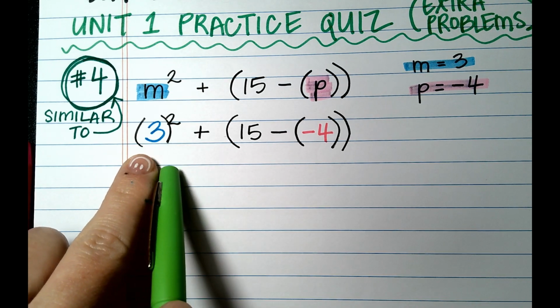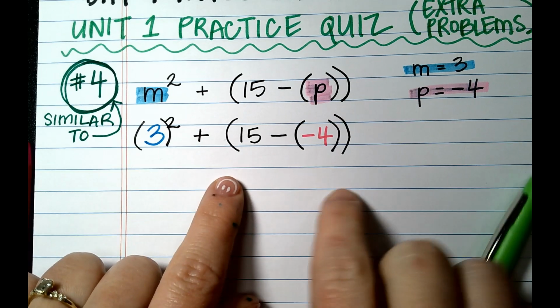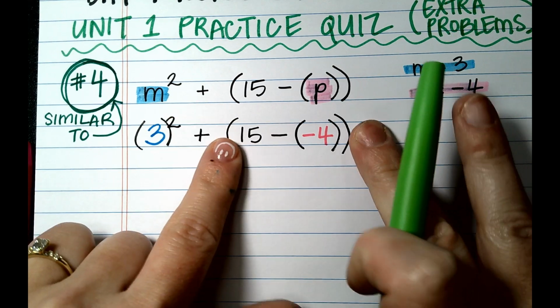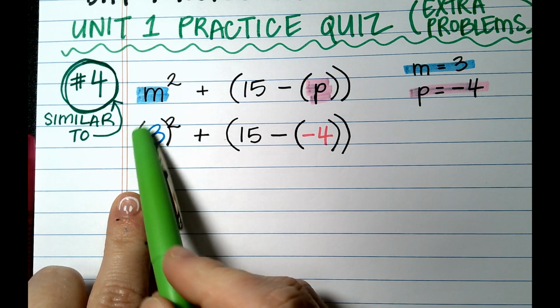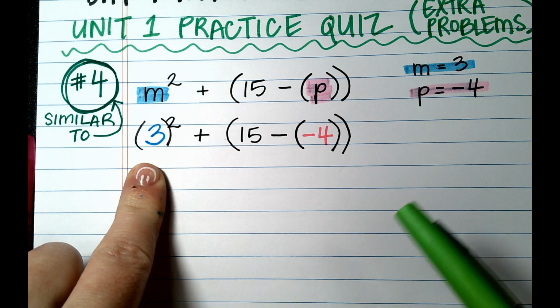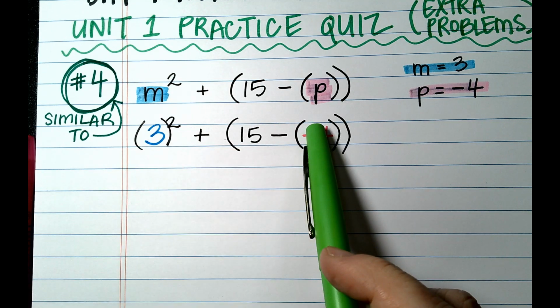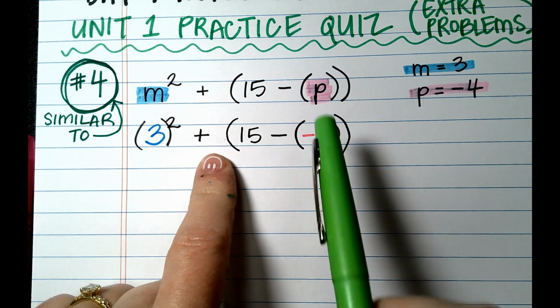Now, let's talk about this. What's the difference here? What we have going on here versus here, there is a 3 in parentheses, but nothing's happening inside the parentheses. It's just a 3 in there. In this set of parentheses, there's operations.